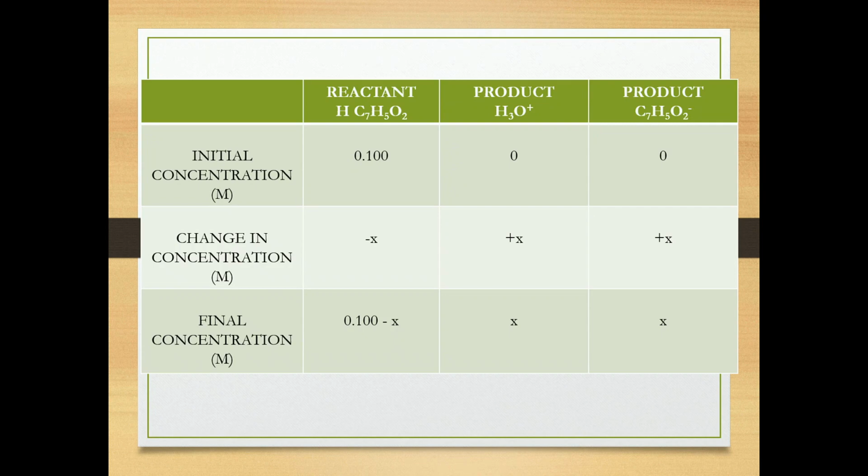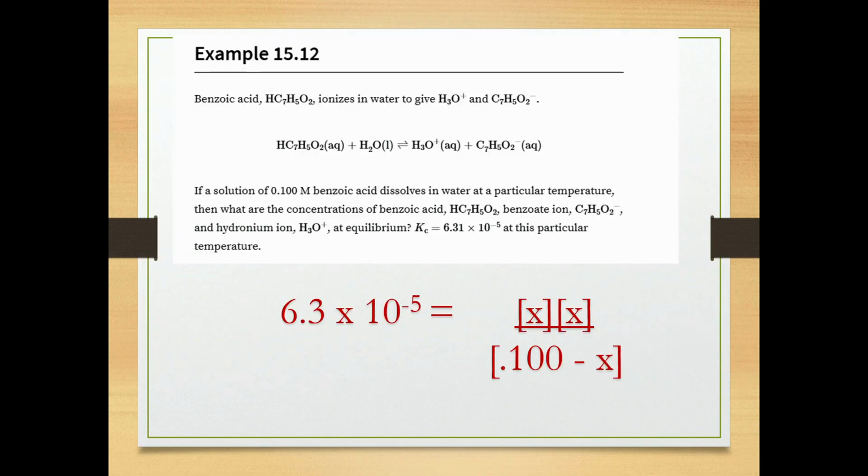When I put this into my K expression, it becomes X times X over 0.1 minus X. That is not a perfect square. If I multiply both sides by 0.1 minus X, I'm going to end up with a quadratic. So what can I do to not have a quadratic?